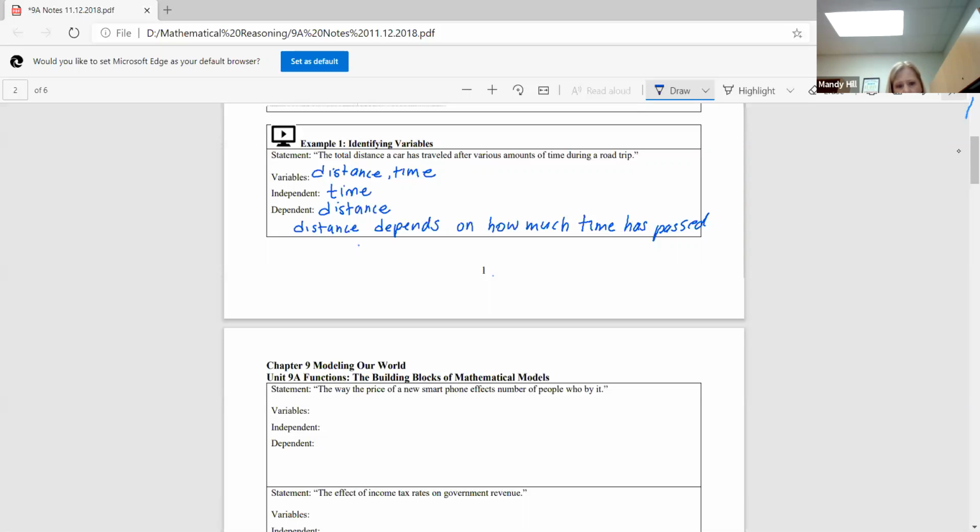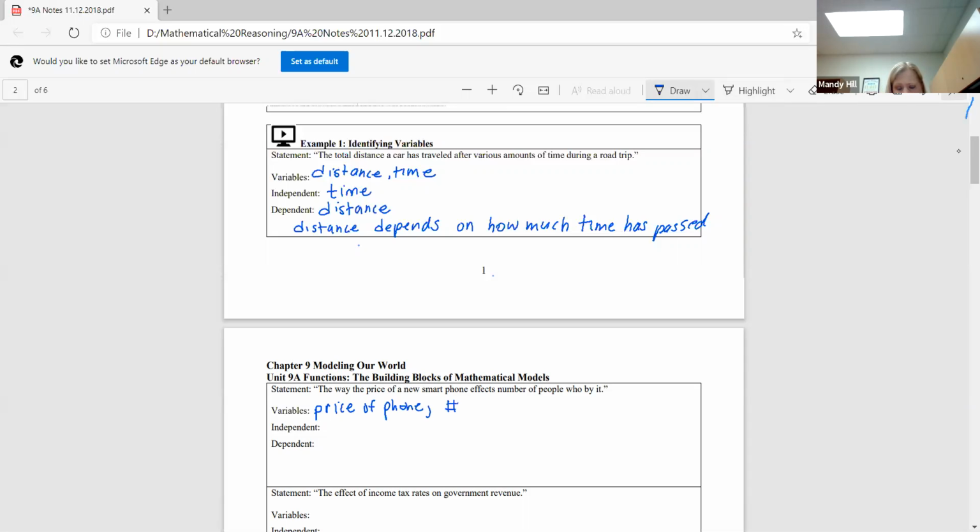Okay, well, we have some variables here. One of our variables would need to be the price of the smartphone. So the price of the phone would be a variable.